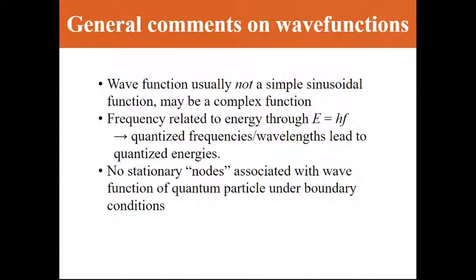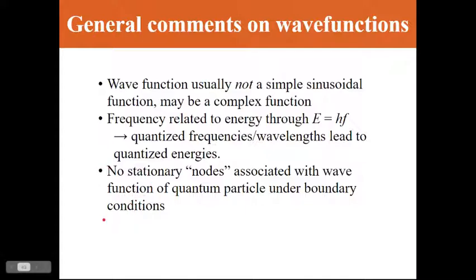That's why in quantum mechanics, waves can have complex elements to them. And also in classical mechanics, the energy of a wave was related to its amplitude, not its frequency, while in quantum mechanics, the frequency of a wave is related to the energy of the wave-particle system.